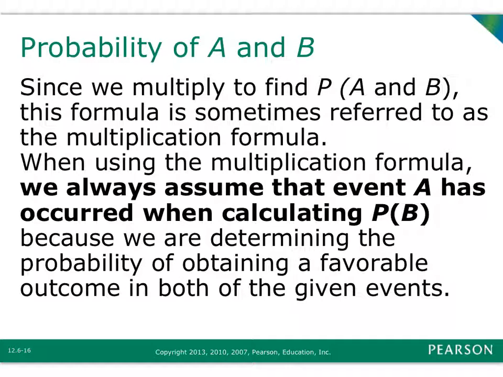Since we multiply to find the probability of A and B, this formula is referred to as the multiplication formula. When using the multiplication formula, we'll always assume that event A has occurred when calculating event B, because we are determining the probability of obtaining a favorable outcome in both of the given events.